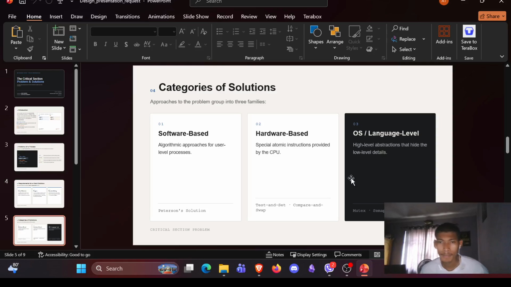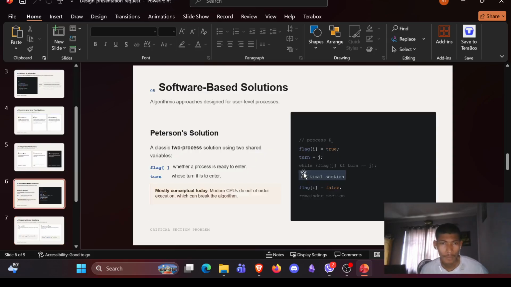Let's look at Peterson's solution. Peterson's solution is the classic two-process software approach. It uses two shared variables: flag, which tracks whether a process wants to enter, and turn, which indicates whose turn it is. Process Pi sets its flag to true and gives priority to the other process by setting turn equal to j.